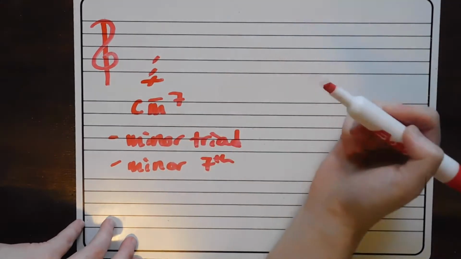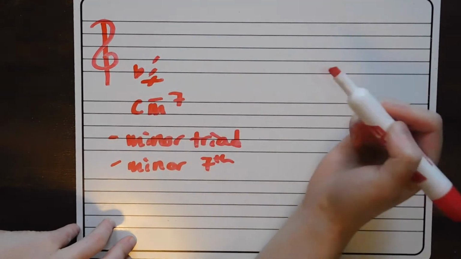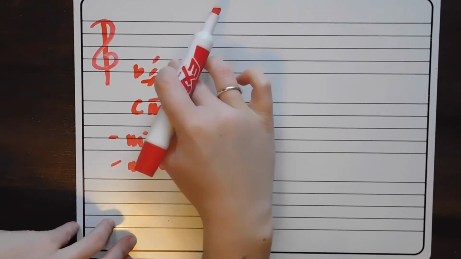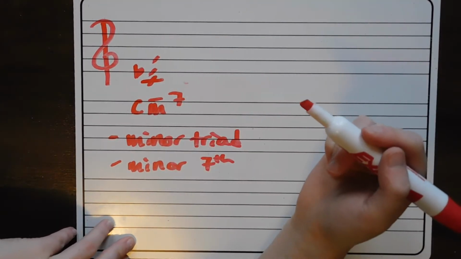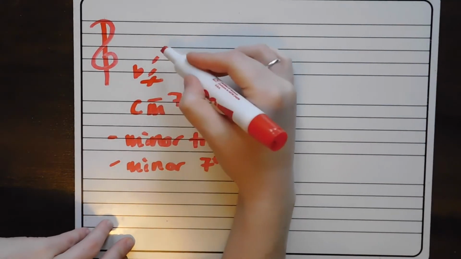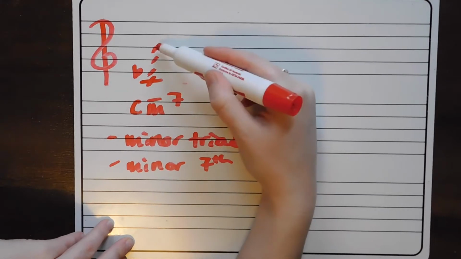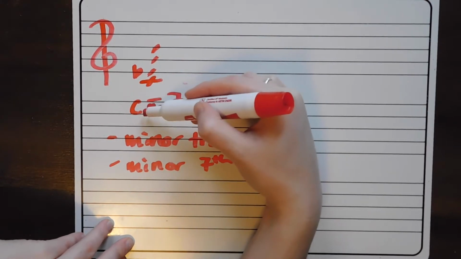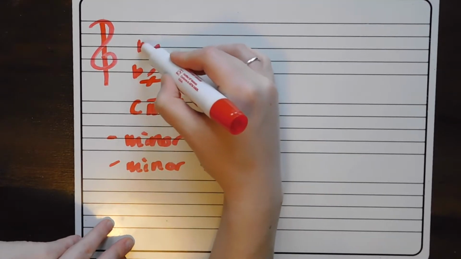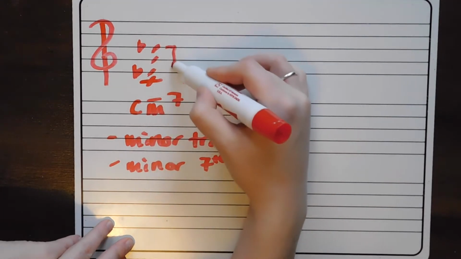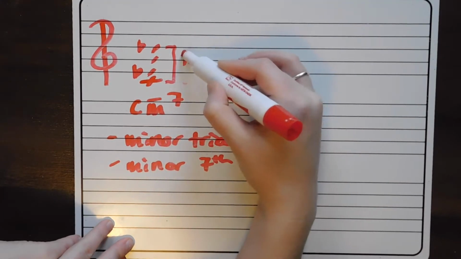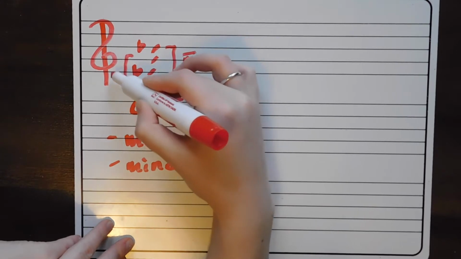You can use C major and then lower the 3rd, or think in C major that it's a flat 3 there. And then a minor 7th. Right now we have a major 7th because B is naturally occurring in C, but if you lower it once, now you have a minor 7th. So this is a minor 7th, and this is a minor triad.